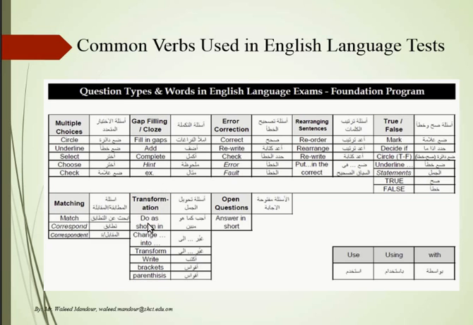We usually use some words like do as shown in, change into. So we are going to change the sentence or a part of a sentence into negative, for example, or into positive, or into the past if it is simple present, and vice versa. Also transform, write, brackets, parentheses, and I guess these words are just for helping you understand it.